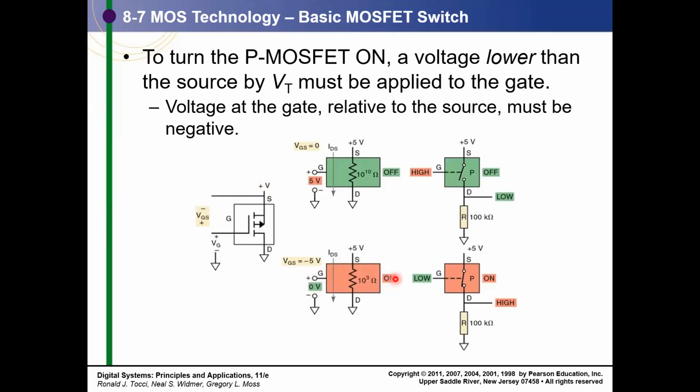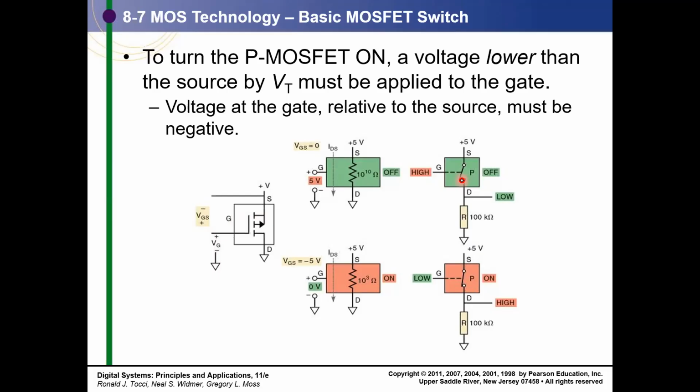There is a channel, and it behaves like an on switch and is conducting. But if you connect it to 1, VGS becomes 0. Because VT is negative, 0 is not more negative than VT, so it is off. There is no channel. The resistance is very high, and the switch behaves like an open switch.